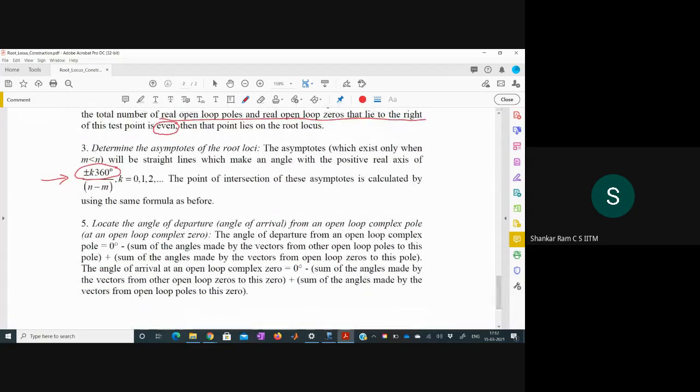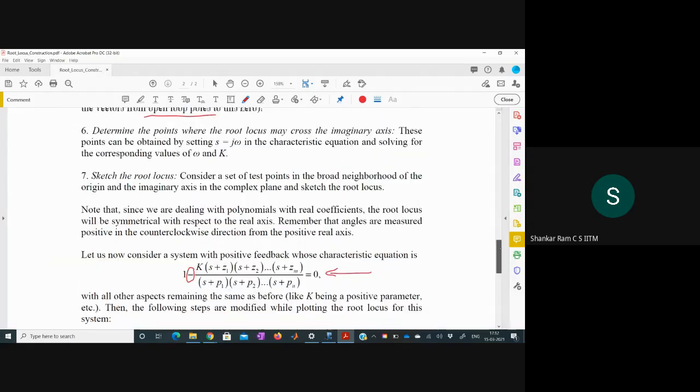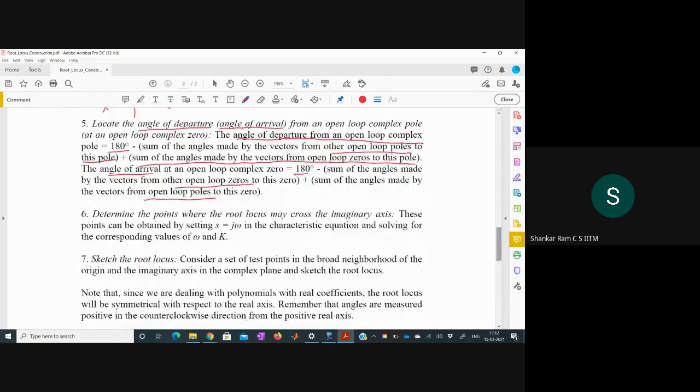Step 5 changes. If you recall, we talked about the angle of departure from a complex open loop pole and the angle of arrival at a complex open loop zero. Previously, this step had 180 degrees in the formula for calculating the angle of departure and angle of arrival. That was once again based on the fact that we used the corresponding angle condition.